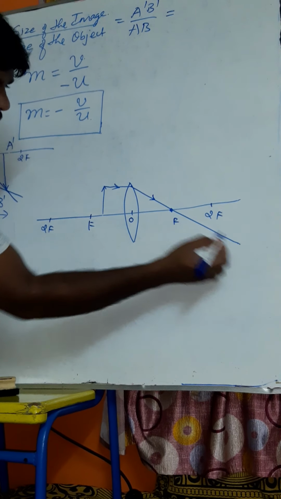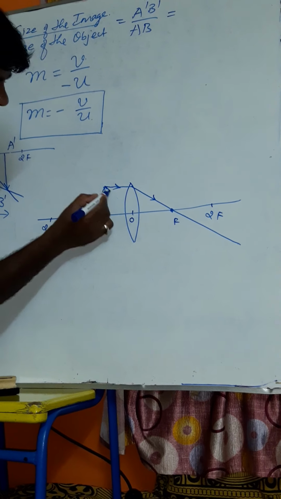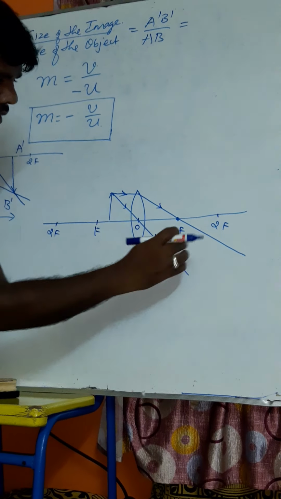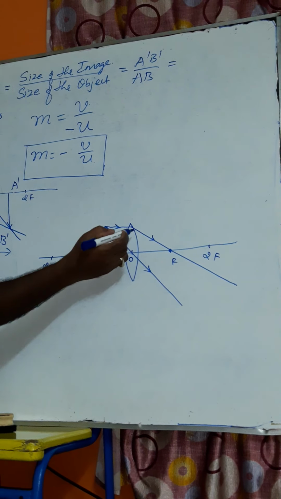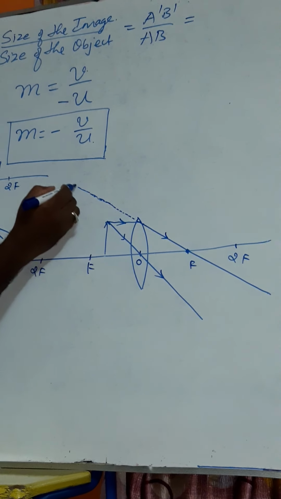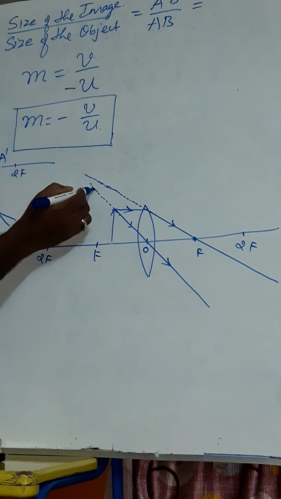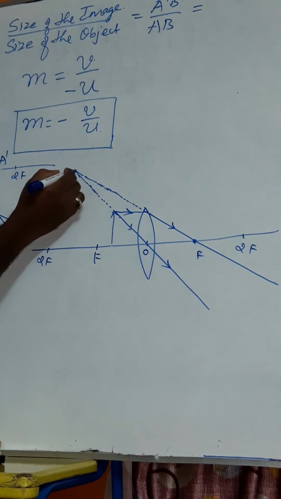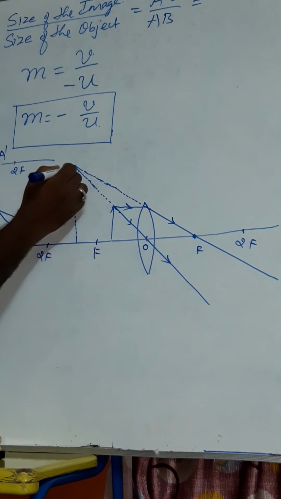These two will never intersect. It means these two refracted rays appear to be coming from a certain point. If you draw these two light rays back in the reverse direction, they will meet at a certain point. Here the image is formed.